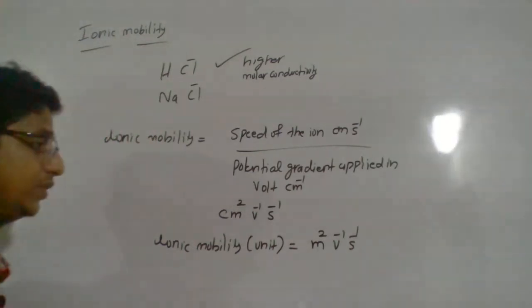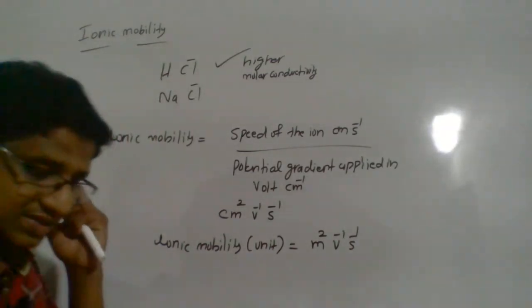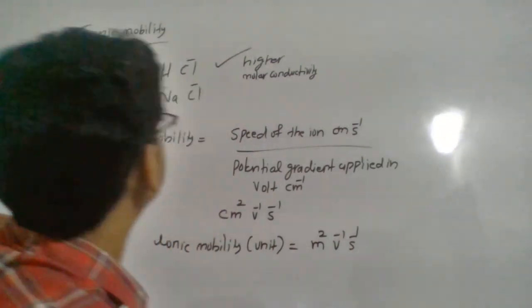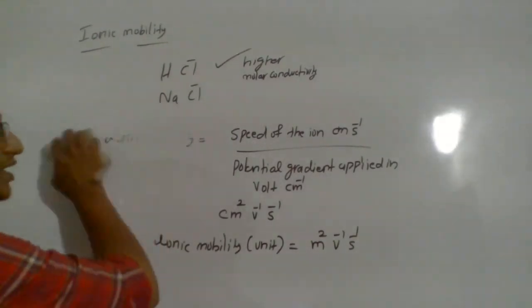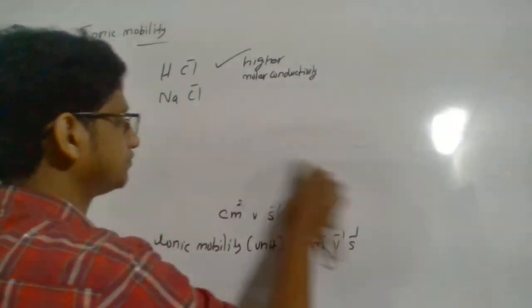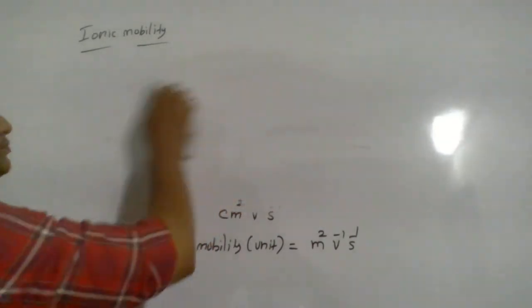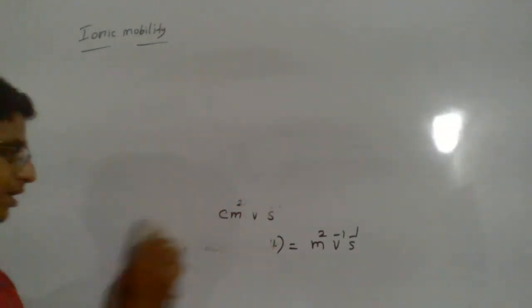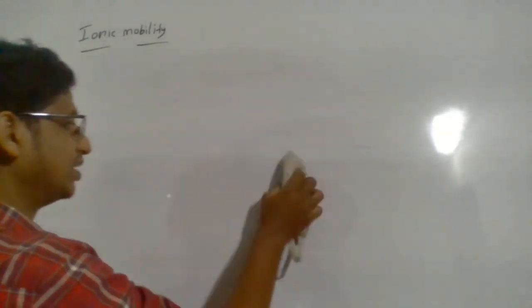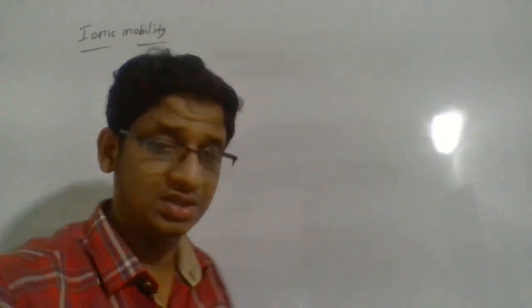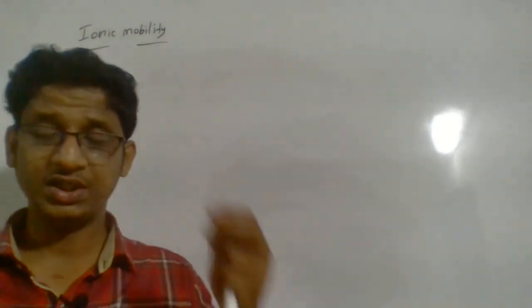So that is how you can understand ionic mobility. It is related to the speed of the ion. Remember, anions and cations are also moving, and the movement depends on the size of the ion and also the potential gradient.